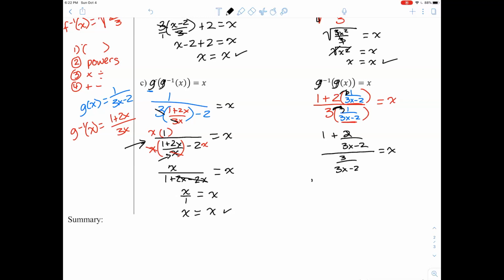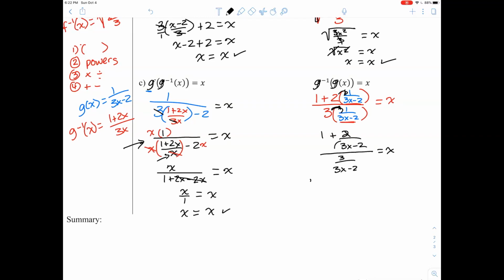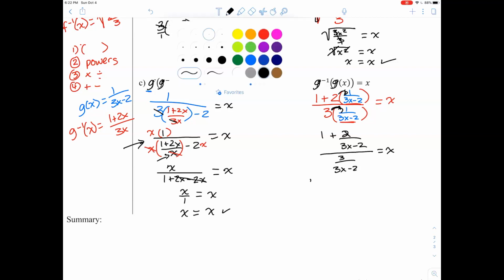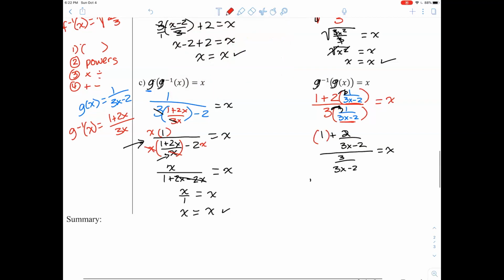And now I'm going to clear the 3x minus 2 from the two complex parts of that fraction by multiplying everything by 3x minus 2, and by 3x minus 2, and by 3x minus 2, so that I can cancel all of that. And then here we'll simplify.